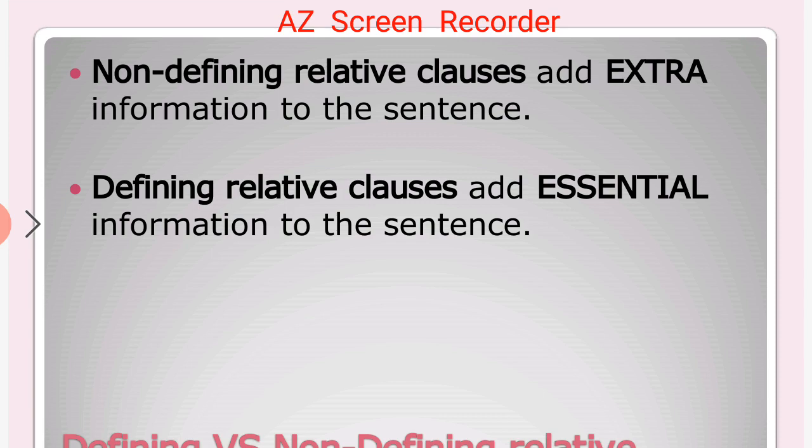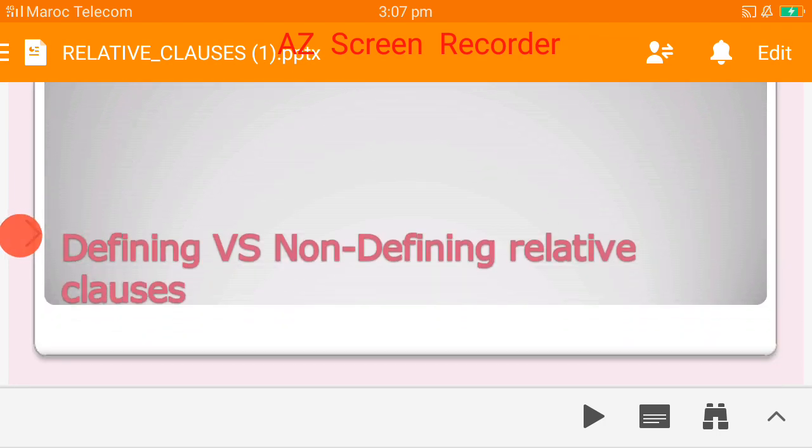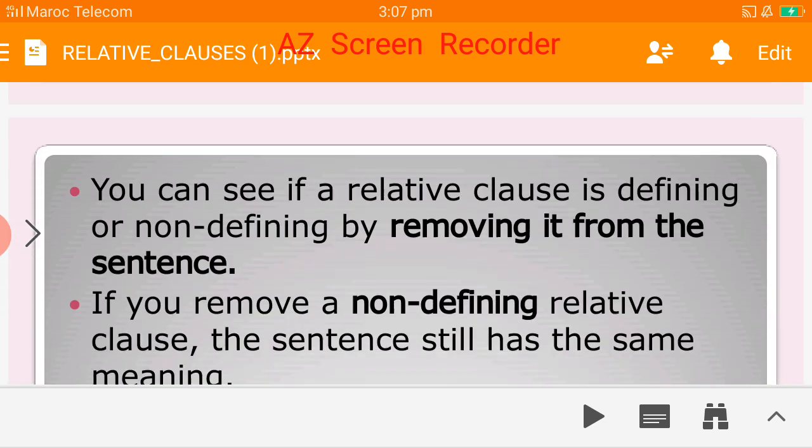Now, what's the difference between non-defining relative clauses and defining relative clauses? The first one, non-defining relative clauses, add extra information to the sentence, and defining relative clauses add essential information to the sentence. Defining versus non-defining relative clauses.